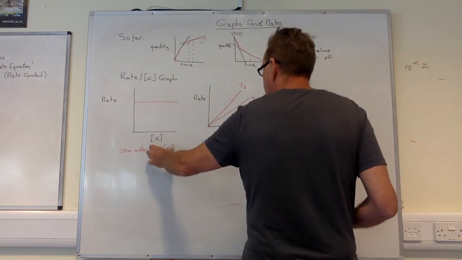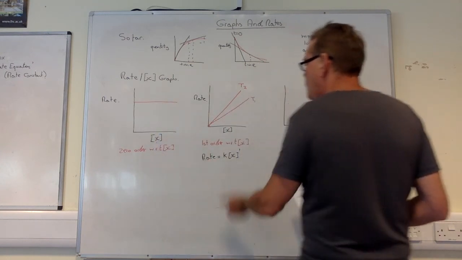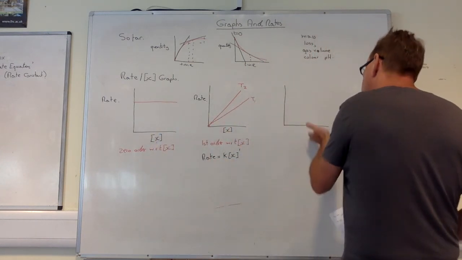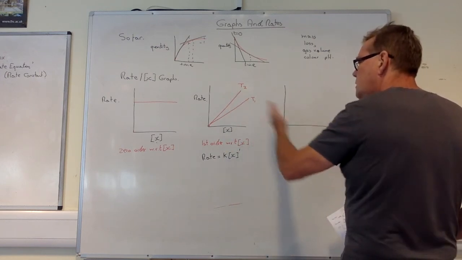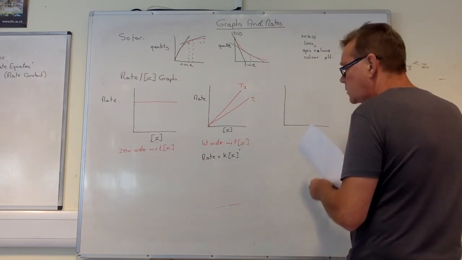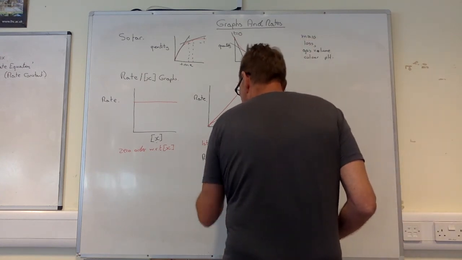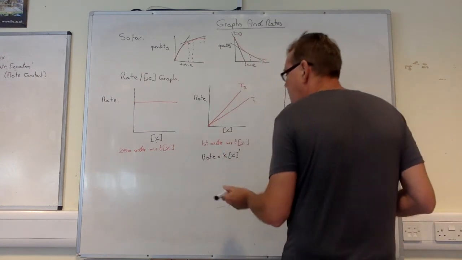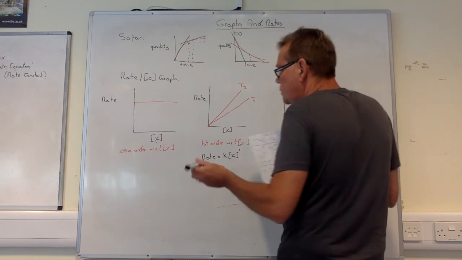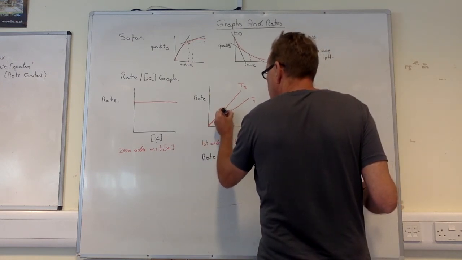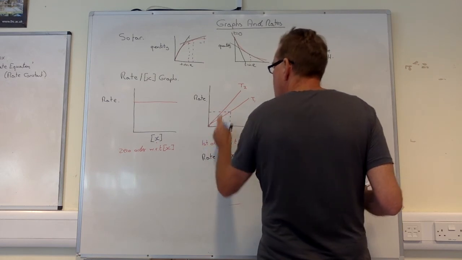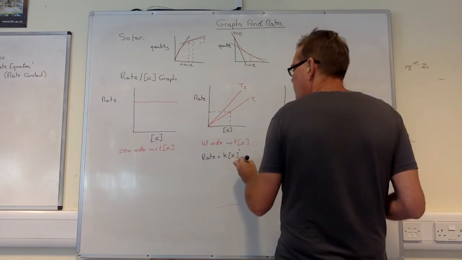So you might have Y, 0 order, X, first order, and maybe Z, second order. And you can use this to deduce the whole thing in a way because, right, here we have rate, okay, so you can take any points you like. There's no tangents to be drawn. So whatever concentration you want, you can find out the rate for it, okay?